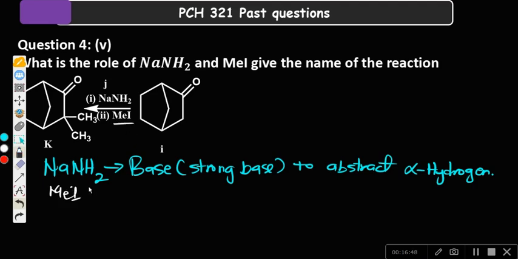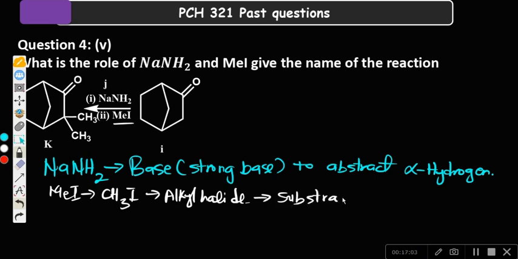Methyl iodide is still the same thing as CH3I. This is an alkyl halide, and it is acting as a what? A substrate, right, for SN2 reaction.